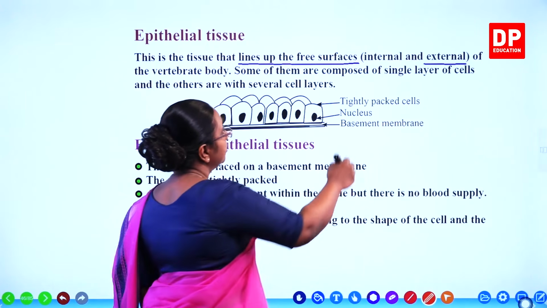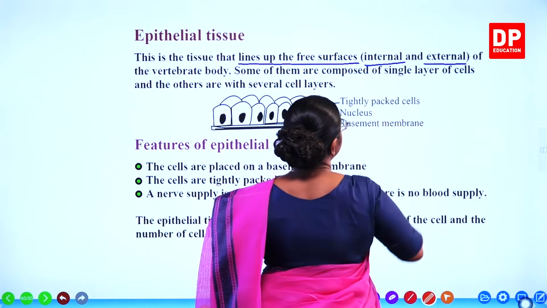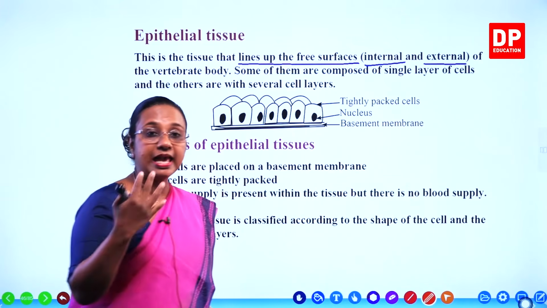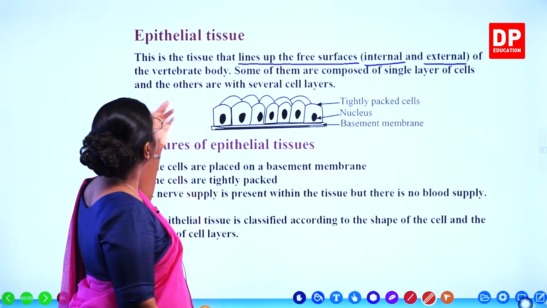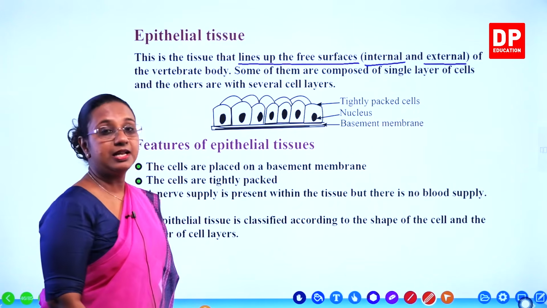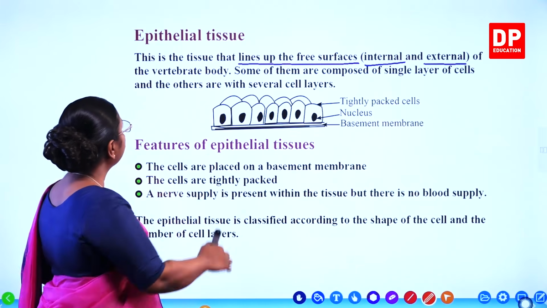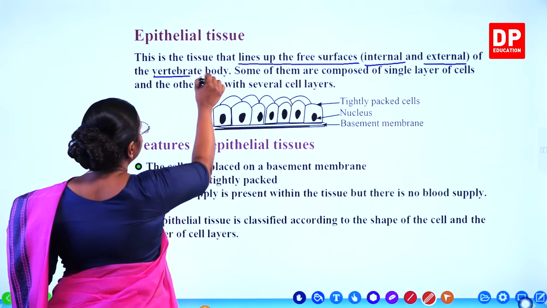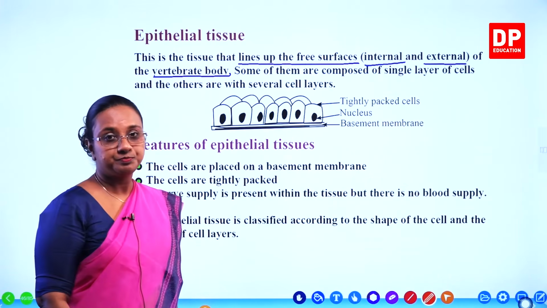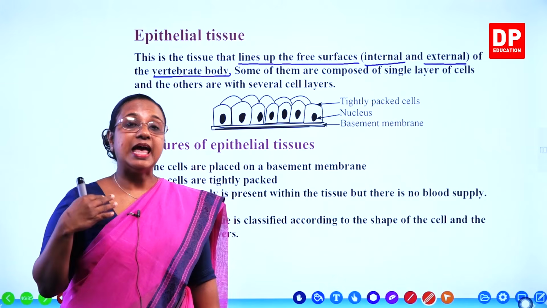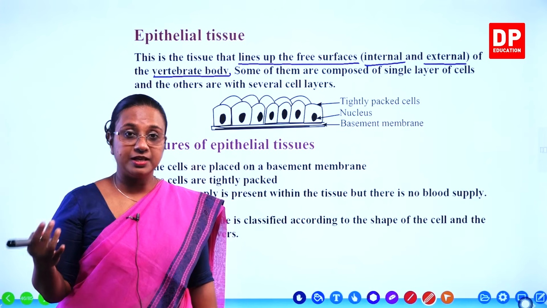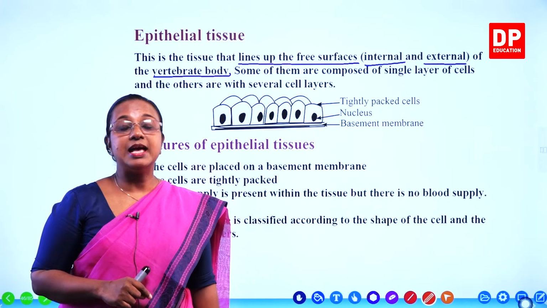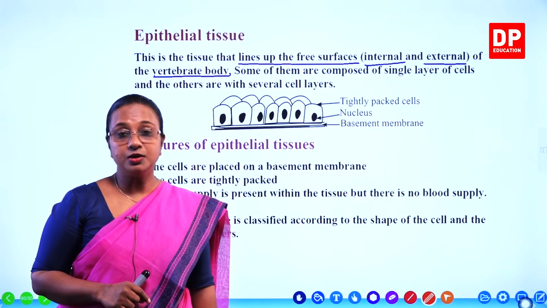So, here you have to remember the free surfaces, both external and internal, are covered by the epithelial tissue. And we mainly say it is the vertebrate body. You all know the advanced animals come under the group vertebrates, all the animals that possess the vertebral column.